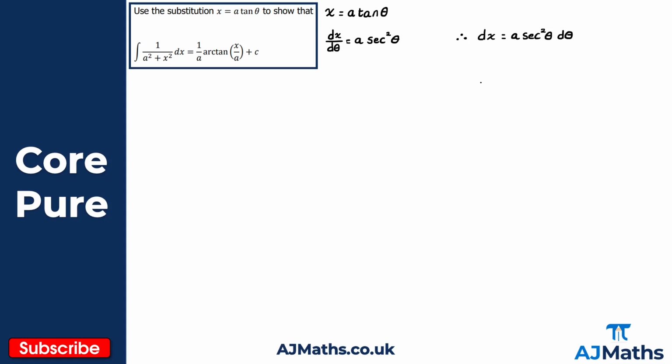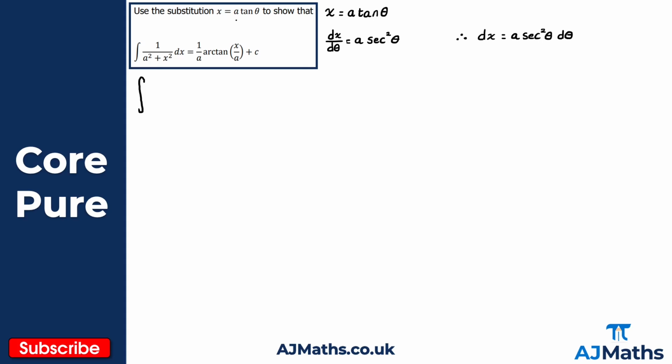And now we have everything that we need to transform this original integral. So we have the integral of 1 over a squared plus x squared dx. I can't do anything with the numerator as it is, and the a squared I'm not going to do anything with. However, what I am going to do is replace the x squared and the dx.